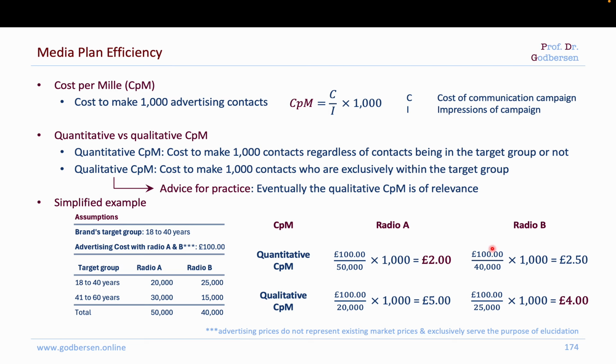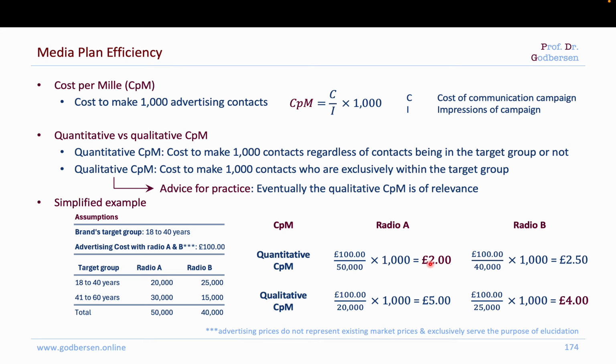Radio B is £100 cost divided by the reach 40,000 times 1,000 is £2.50. If we were to go with the quantitative cost per mil, we would choose Radio A, as Radio A is cheaper than Radio B and we do not want to pay so much money.